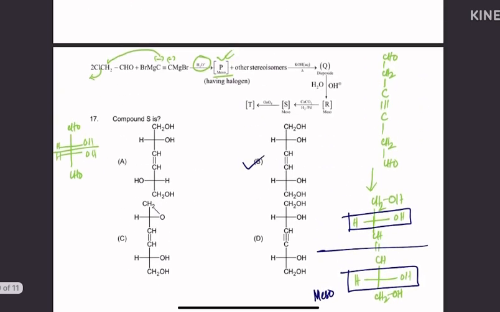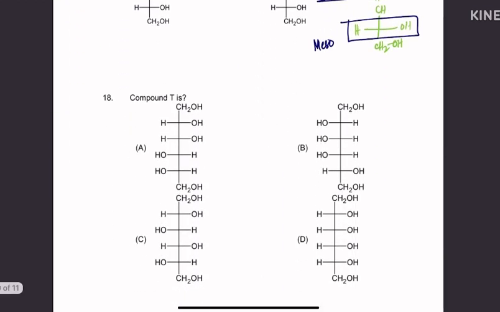After that, meso compounds in diperoxides, calcium carbonate, osmium tetroxide.